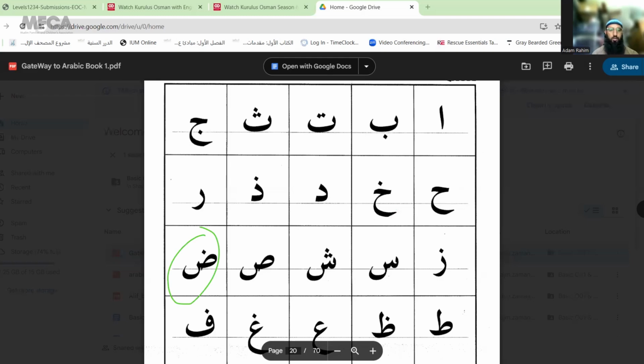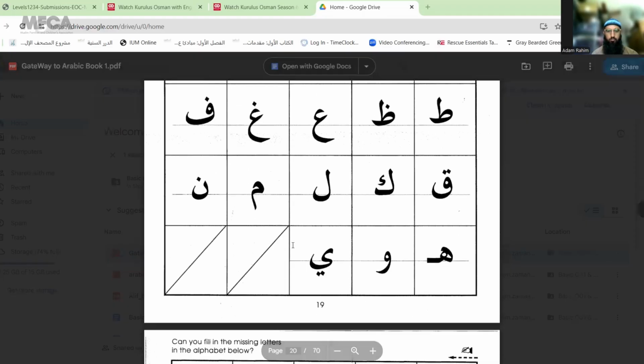Very nice pronunciation. Brother Sayyid, can you tell us what this letter is, please? Qaf. Ahsant.